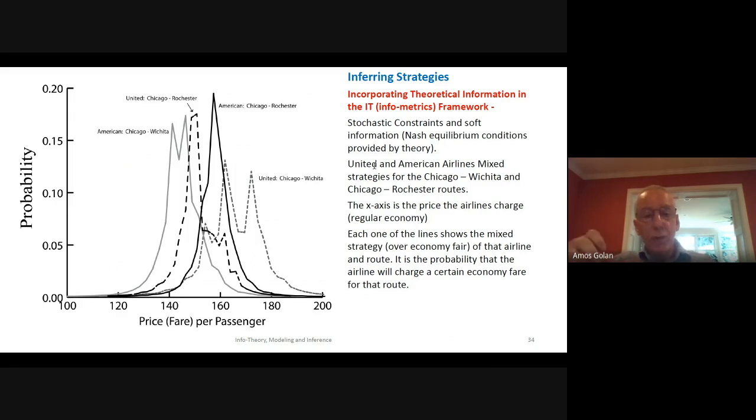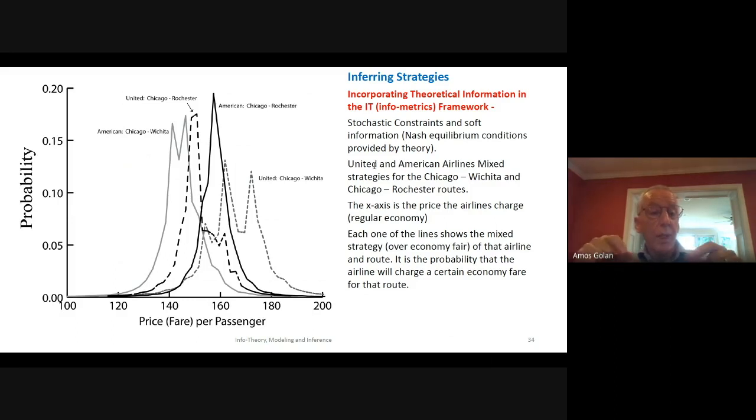You allow for some flexibility, meaning additional uncertainty on each one of those strategies. You introduce the data, basically, and then you optimize. So the optimization will be the Nash conditions plus some uncertainty, plus some other information on the demand and cost, okay?